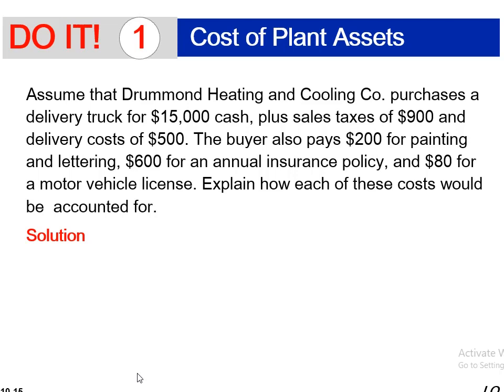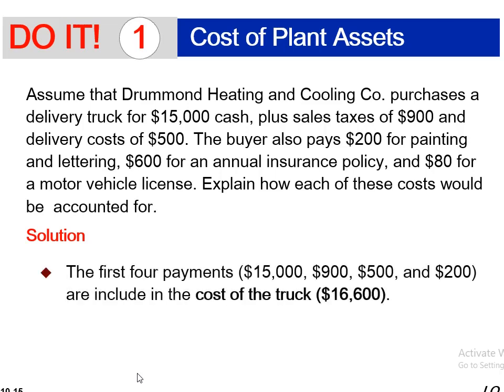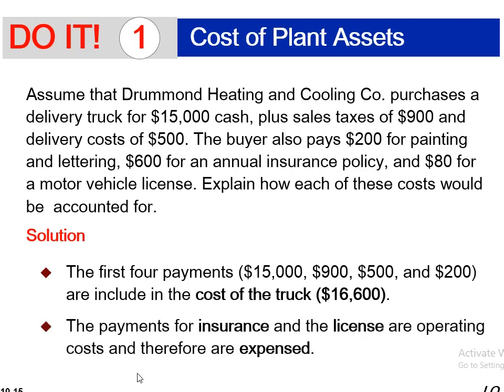So they say that explain how each cost would be accounted for. So the first cost, which is purchase price $15,000, then the sales tax, then the delivery cost, then the painting and lettering cost. These costs are going to be added into the cost of the truck, and together they are $16,600. Your insurance policy is going to be added as expense.